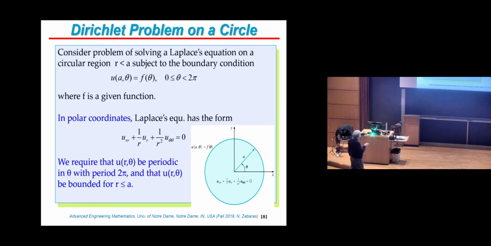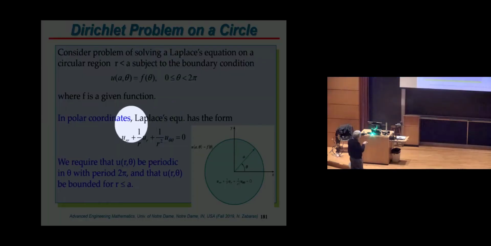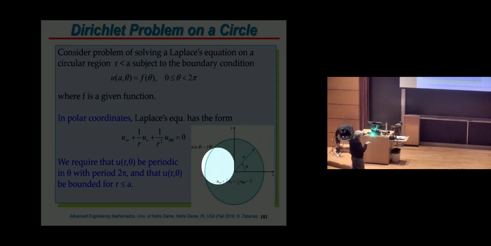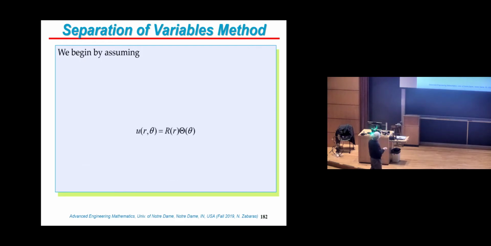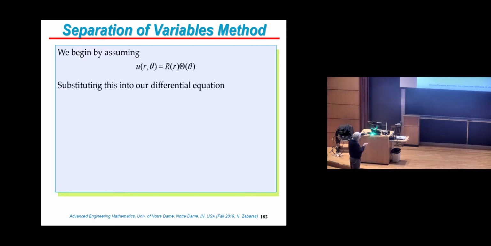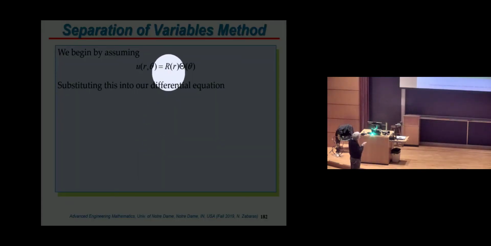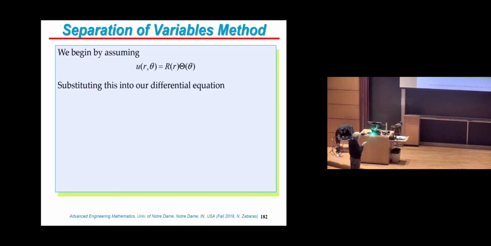The only thing we're going to assume is that the solution is periodic in the angle theta with period 2 pi, and we're going to constrain the solution so that it doesn't explode inside the domain, so it's finite, it's bounded. We're going to use, again, separation of variables, capital R of little r, capital Theta of little theta.